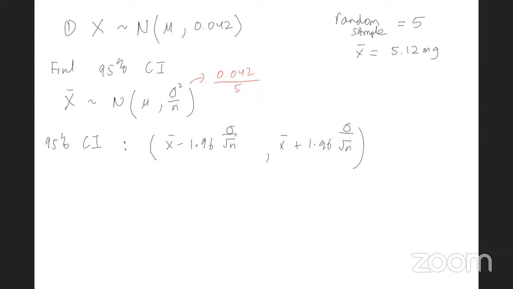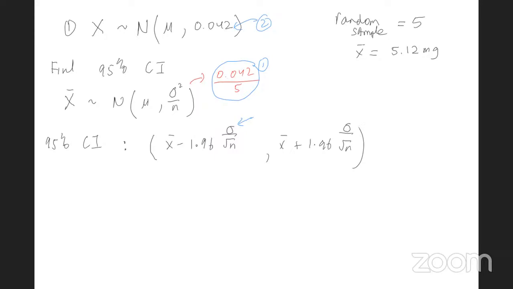Some of you have paid attention while I was doing the proof. This sigma value I use in here, is it the first value or the second value? Message, please. What do you all think?